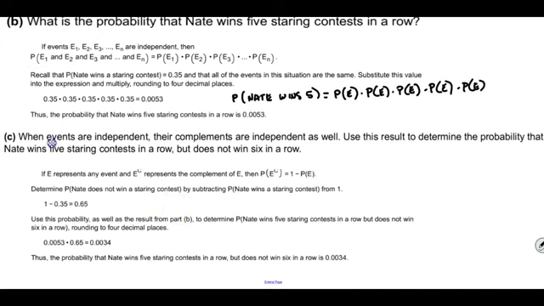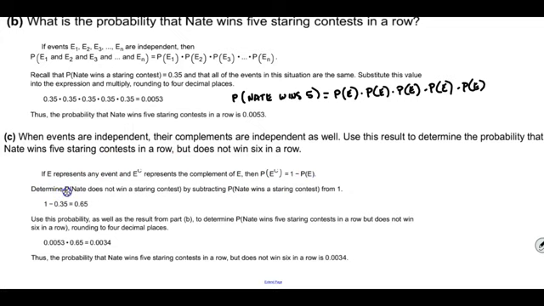Now for part C, it says when events are independent, their complements are independent as well. We're going to use this result to determine the probability that Nate wins 5 staring contests in a row, but does not win 6 in a row. So again, the complement is equal to 1 minus the probability of that event.